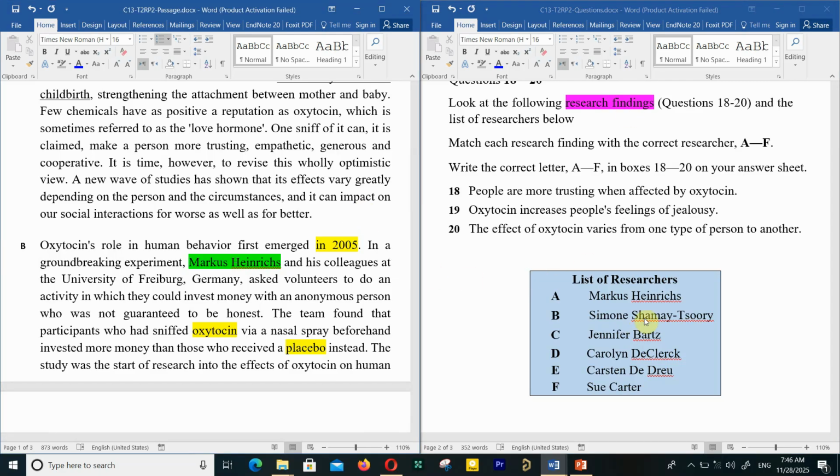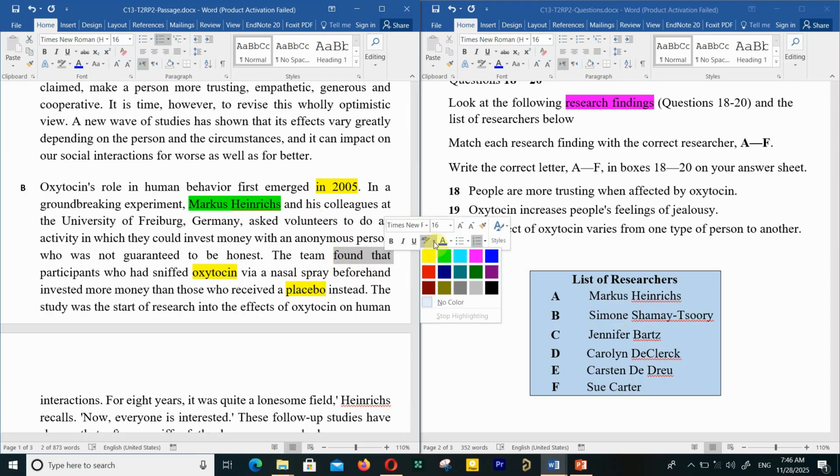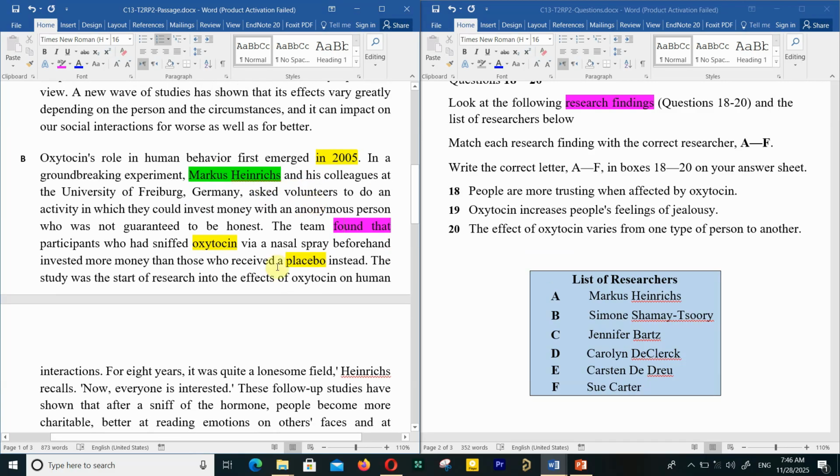So, for example, for Marcus Henriks in here, we can find this: the team found that is relating to Marcus Henriks. Just let me read the questions.